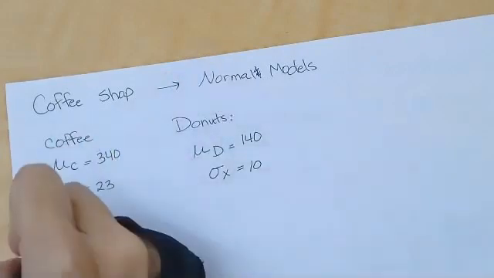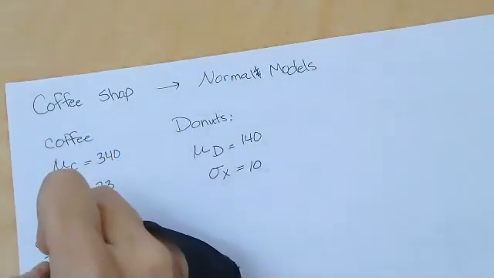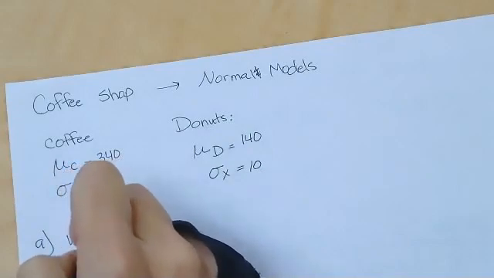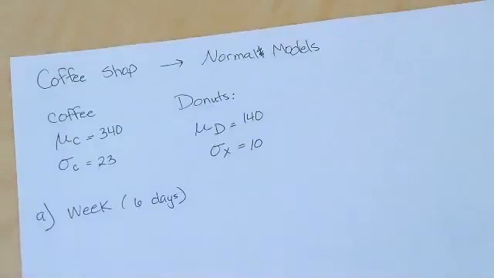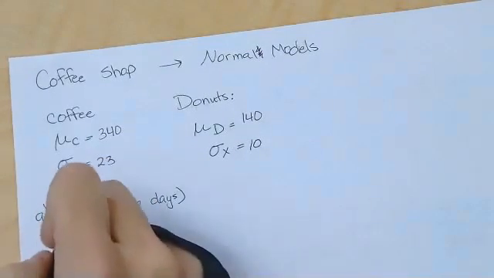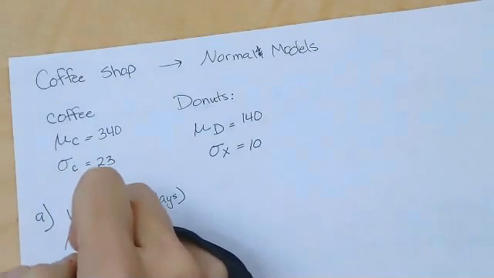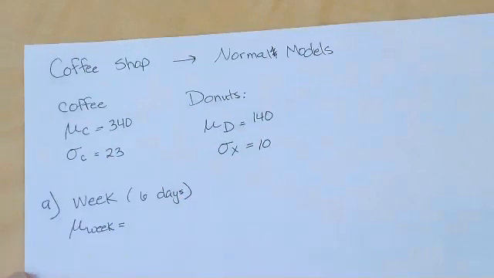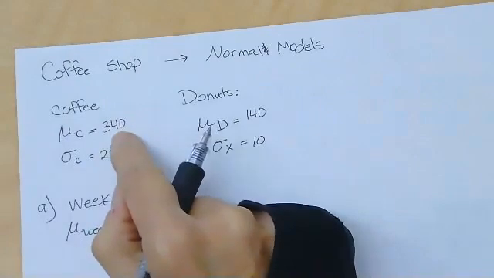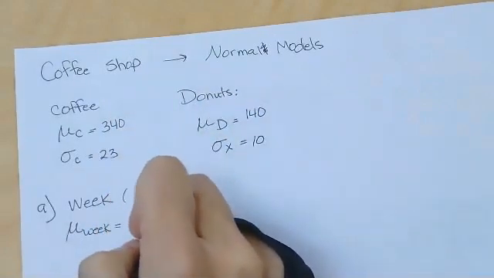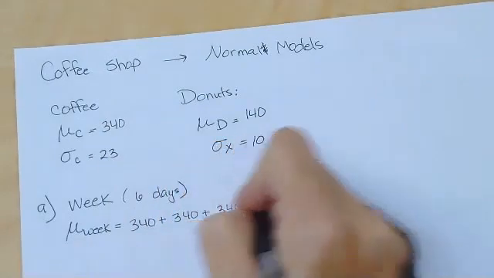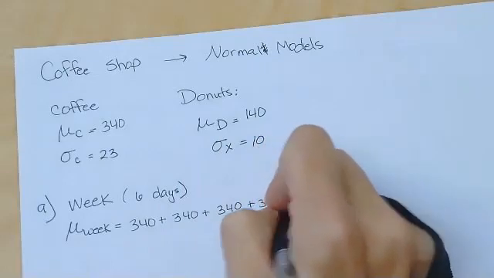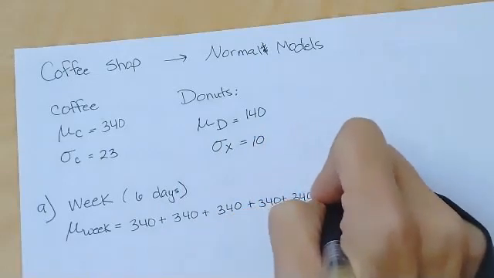So this is the average per day. We need to look at what's going to happen in a week. A week is 6 days because there's no Sunday. It says they are open every day but Sunday. So the mean for the week is going to be the average number of cups of coffee sold on Monday plus Tuesday plus Wednesday, Thursday, Friday and Saturday.